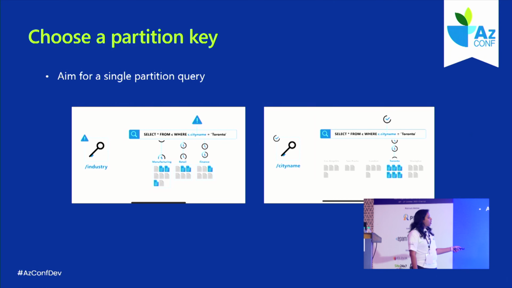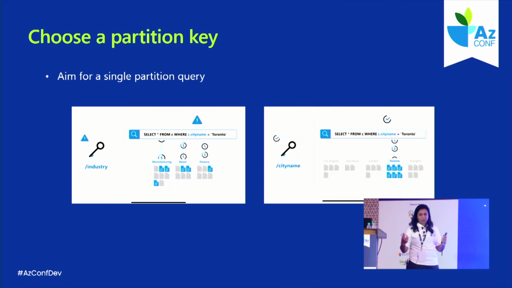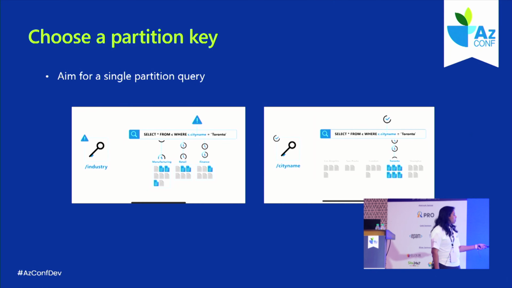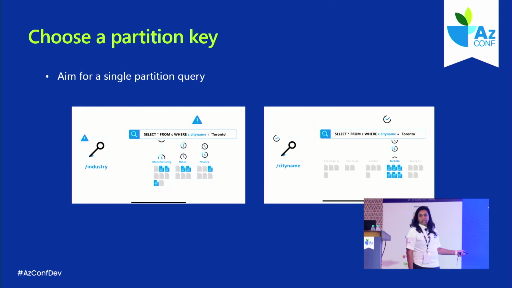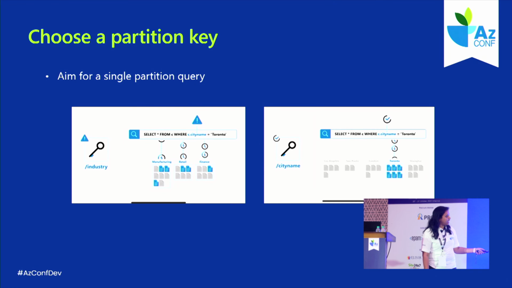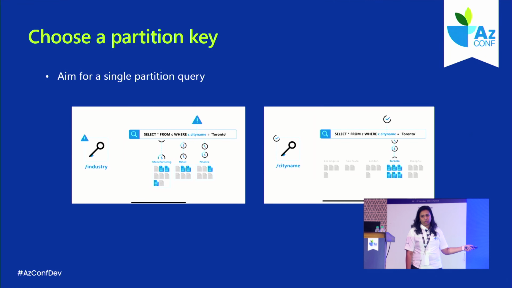Then I have to get data from all the partitions, which is unnecessary. Partitioning itself is meant so that we can get the data immediately, so this shouldn't be the case. If you make city name your partition key, then we can get data from only one particular node. So this is the second thing when you are choosing a partition key.